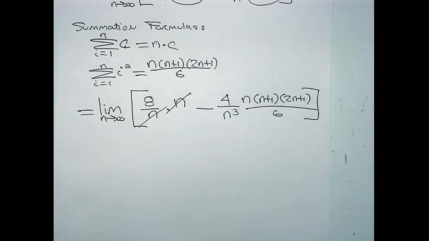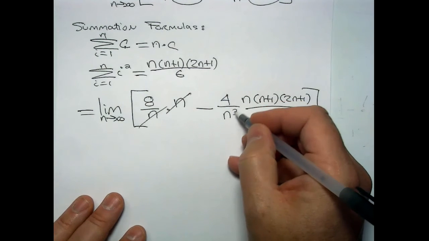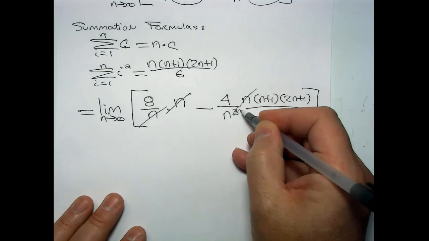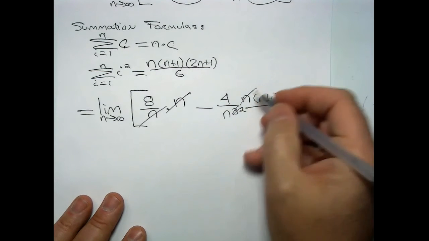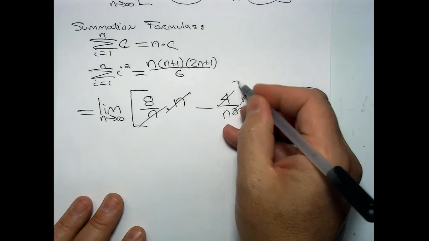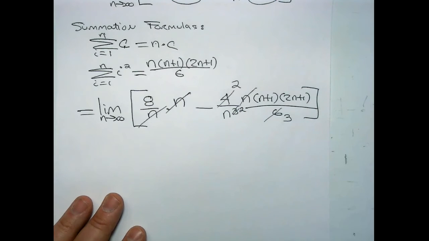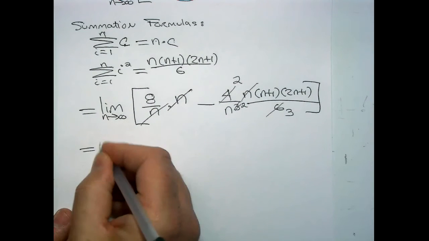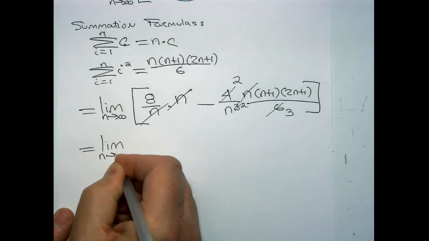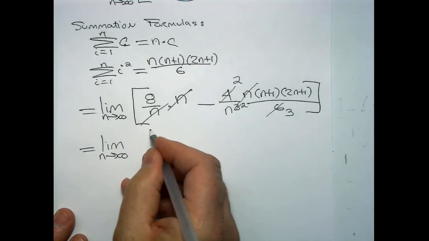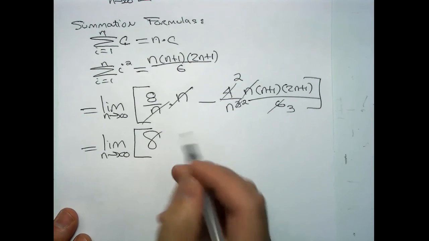So let's see what we got. I got some nice cancellation going on here. I see this n will cancel with this n, leaving me with an n squared underneath. I see that these two will cancel, leaving me with a 2 on top and a 3 on the bottom. So I'm almost ready for this. This is a big 8.